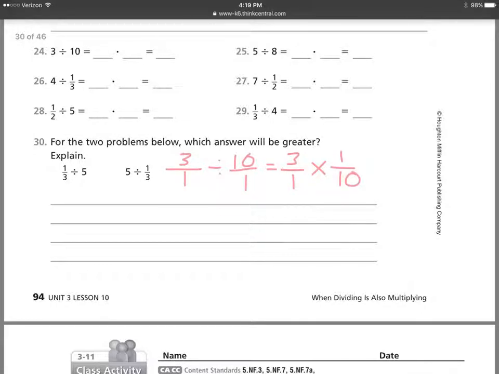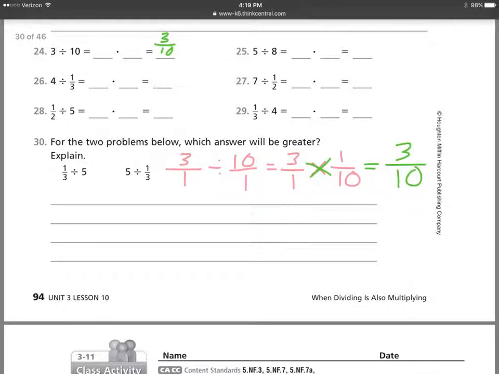And now we have a multiplication problem with a whole number and a unit fraction. We can look to cross cancel, try to cross cancel 3 and 10, and that cannot be done. And 1 and 1 is prime, so there's no way to cross cancel that. And now we just multiply. 3 times 1 is 3, and 1 times 10 is 10, and we have an answer of 3/10.